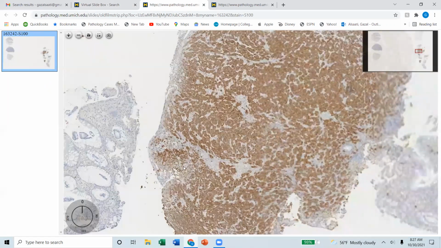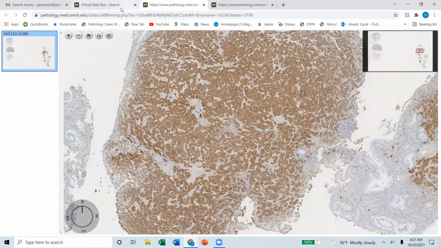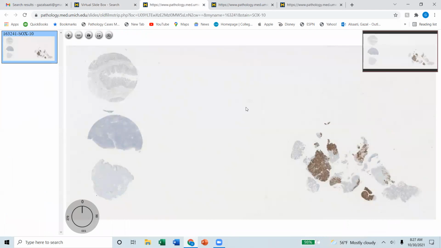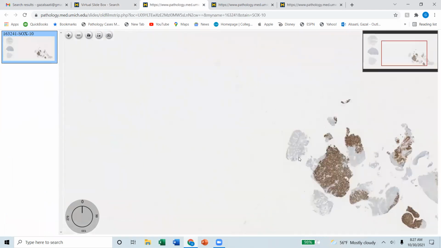That's my SOX10, I'm sorry, my S100. And SOX10. Above, up. Yeah, there you go. Again, that's your SOX10.